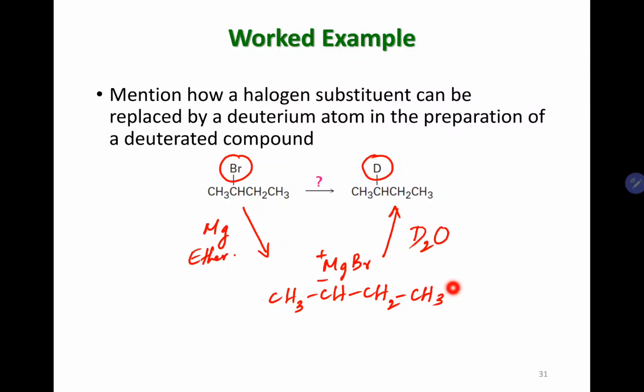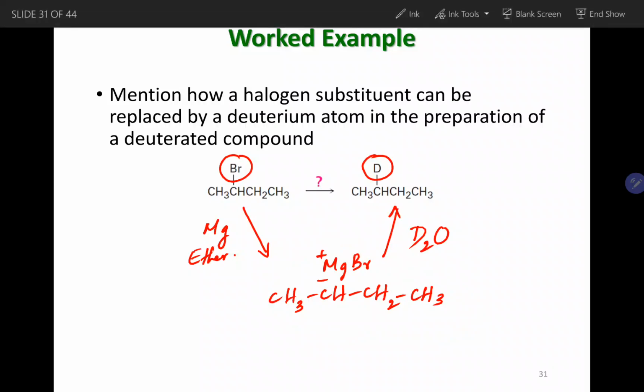And you will get your desired product. Once again, guys, the most important thing is this Grignard reagent is extremely susceptible to humidity or acid environments. Therefore, this magnesium bromide salt will be replaced by a deuterium atom. That is how you do this.